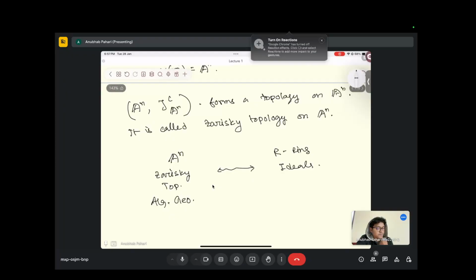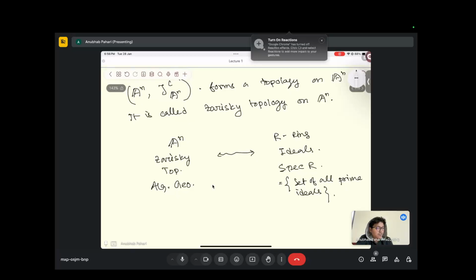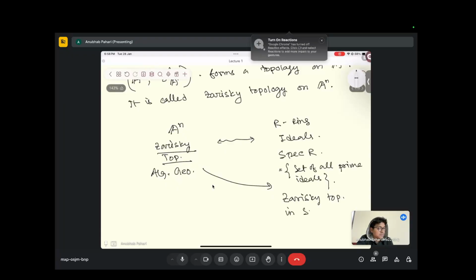But you see that, for the set of all prime ideals, this analog of Zariski topology you can define on Spec.